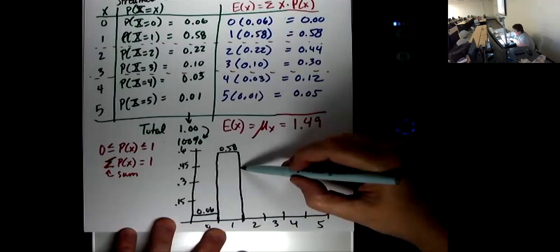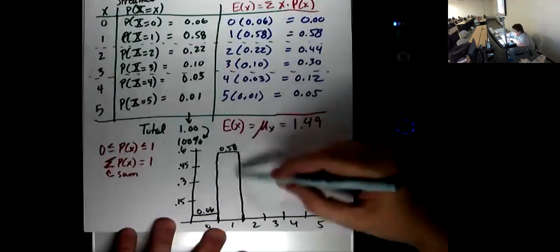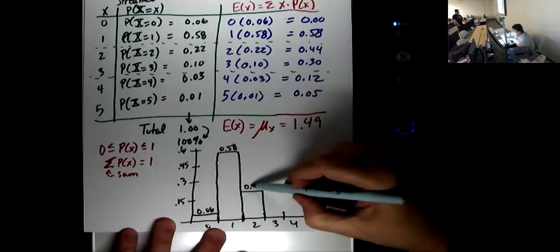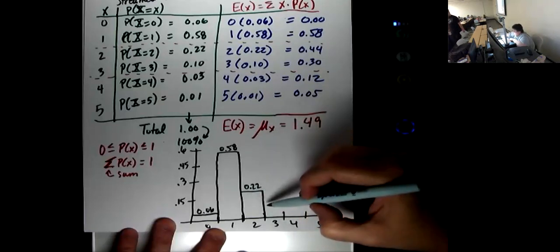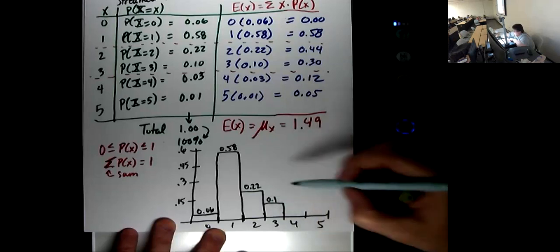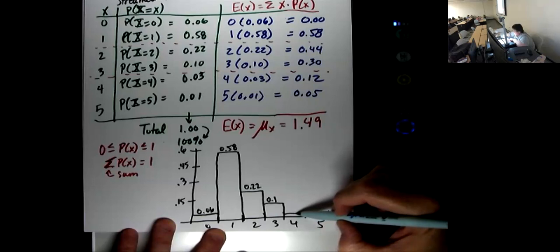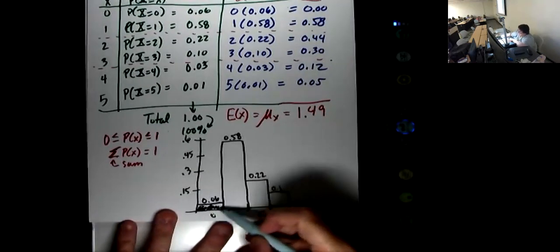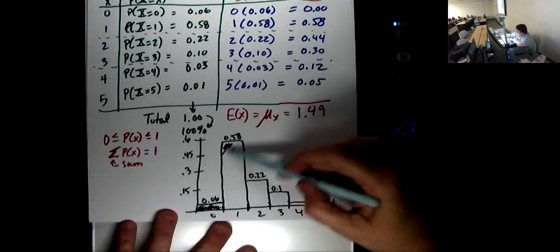Then 0.44, or 0.22, 0.10, 0.03, and 0.01. So if I fill this in, it's a little easier to see.